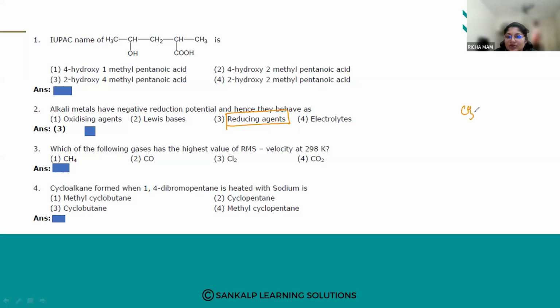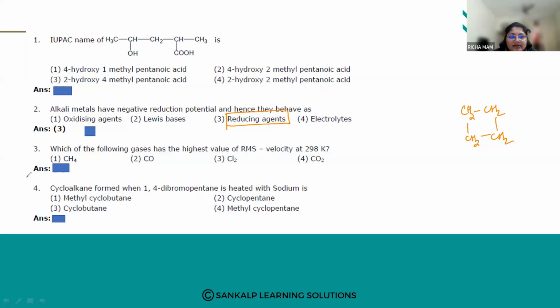So this is your cycloalkane, obtained when you have a dibromo compound, 1,4-dibromopentane. Aditya has answered as 1.